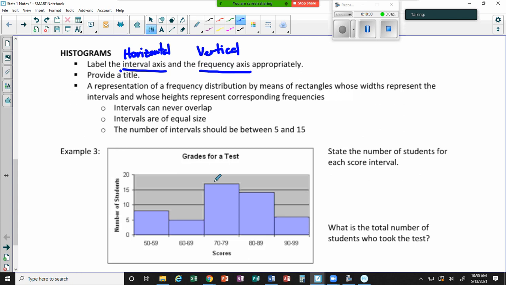You can't overlap. Intervals must be of equal size to make your data well organized. You can't do an interval of 2 units and then an interval of 10 units, because then you're not comparing apples to apples. The number of intervals, so how many bars you have along the bottom, should be between 5 and 15.